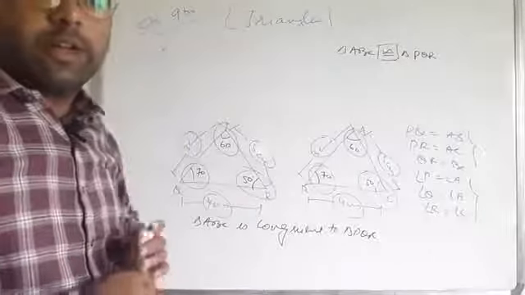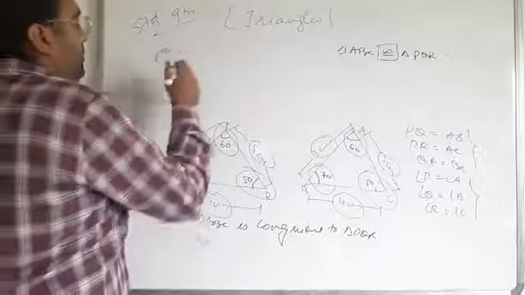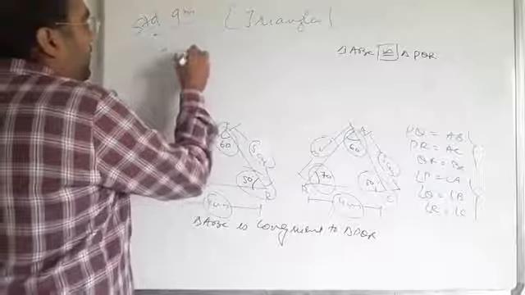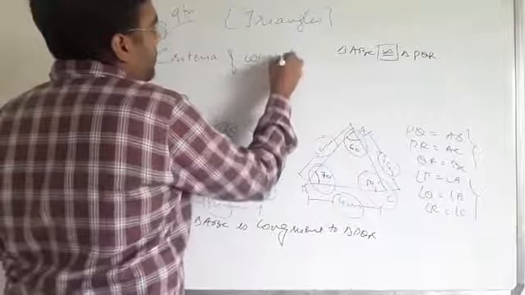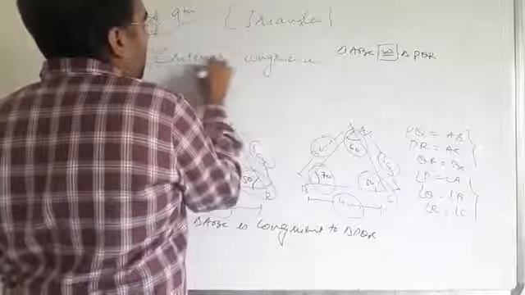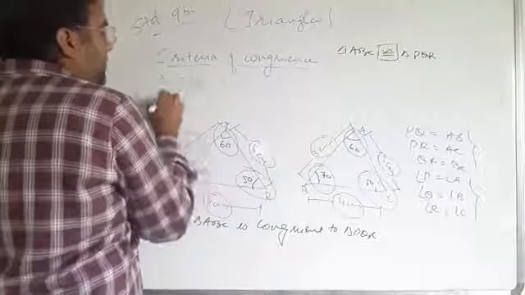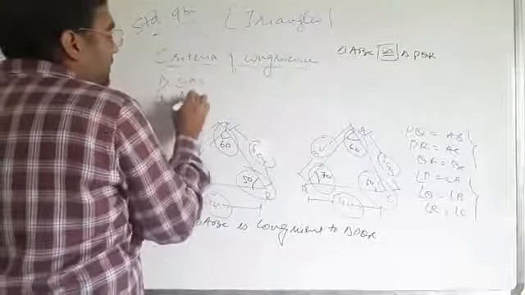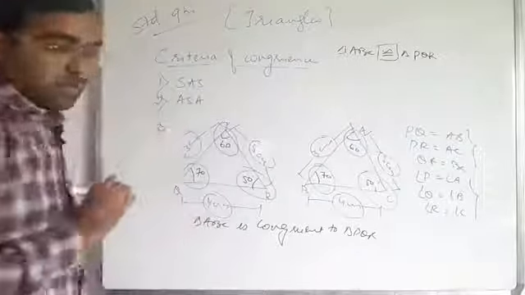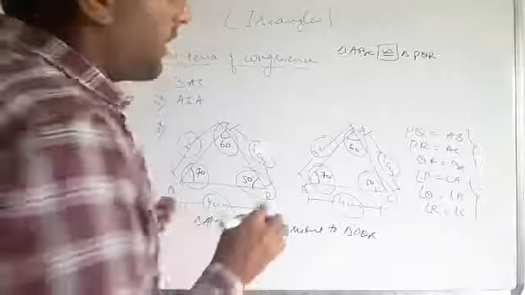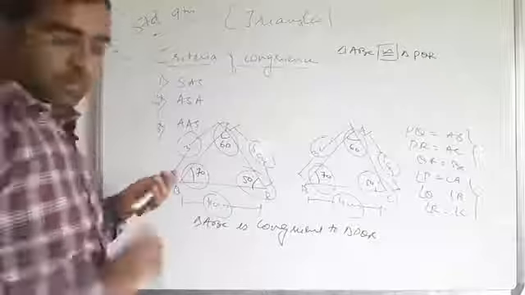Here are the particular criteria of congruency. One of them is side angle side, second is angle side angle, third one is angle angle side.